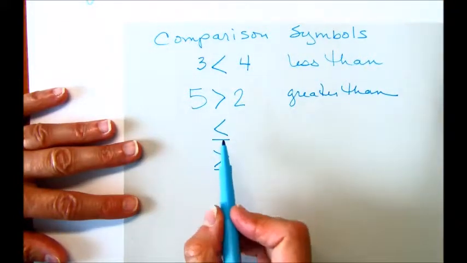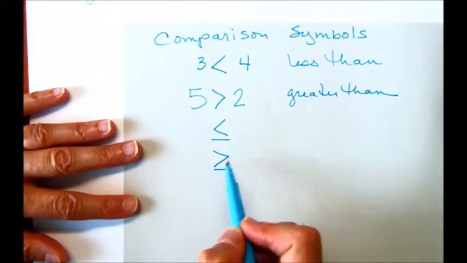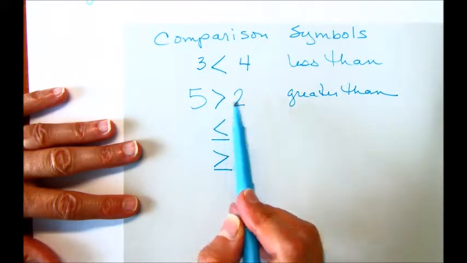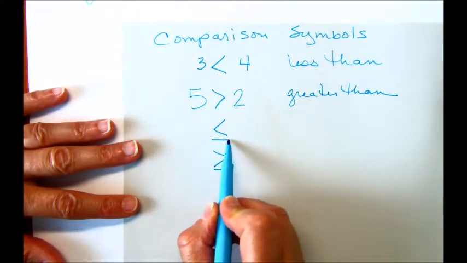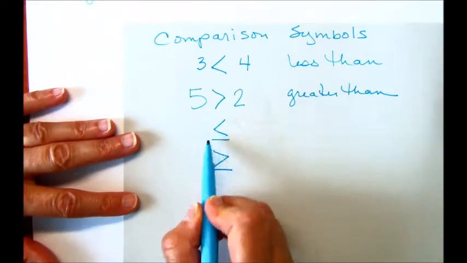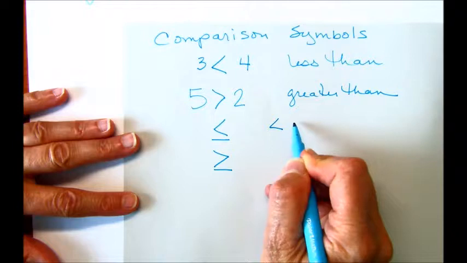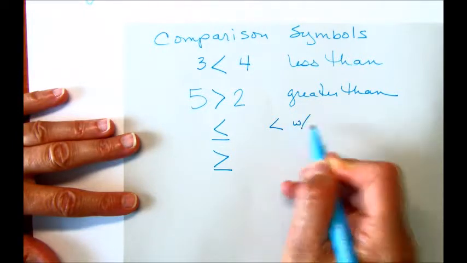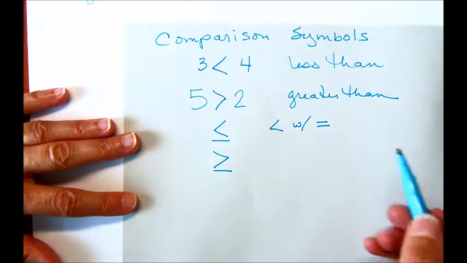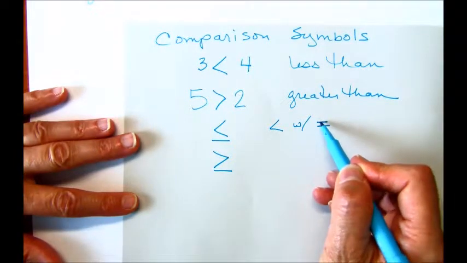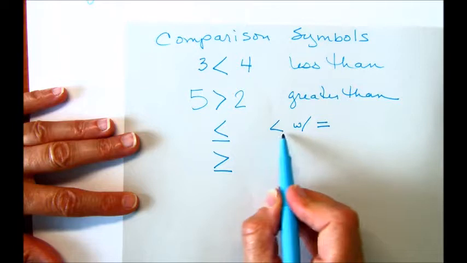Okay, now these symbols here have the less than or greater than symbols, but they also have one line underneath. And so really this is a combined less than with an equal sign. Whoever created this decided, okay, we're going to get rid of the top line and just put it underneath.